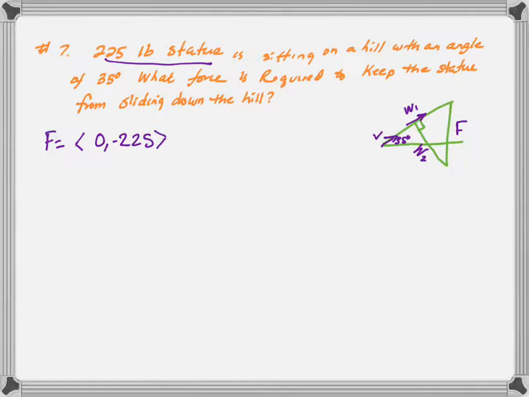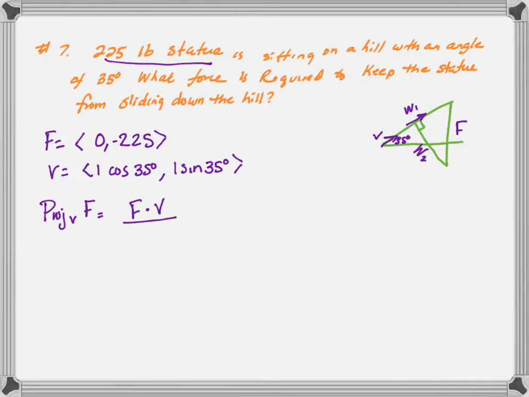And then V is a unit vector, which would be cosine 35 degrees, sine 35 degrees. Okay, and so our projection of F onto V would equal F dot V over the magnitude of V squared times V.